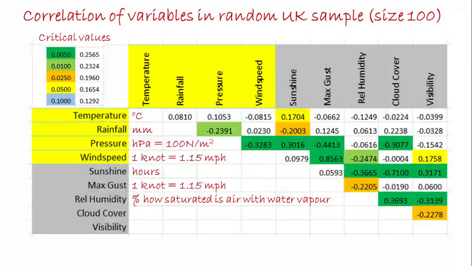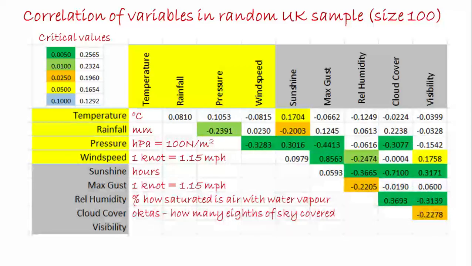So here you can see that it's positively correlated with cloud cover, which you'd expect, and negatively correlated with visibility, which you'd also expect. Cloud cover, measured in octas, how many eighths of the sky is covered, and that's negatively correlated with visibility. And then finally, visibility is measured in decameters, that's tens of meters, so that's how far you can see.